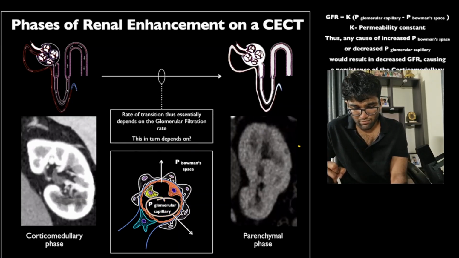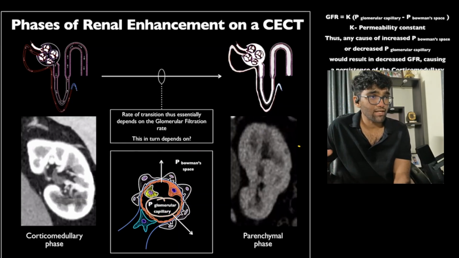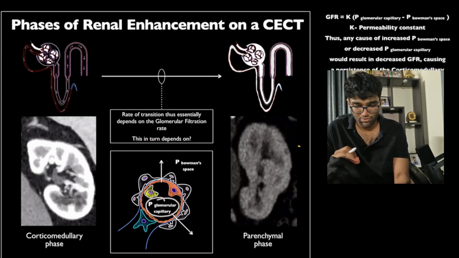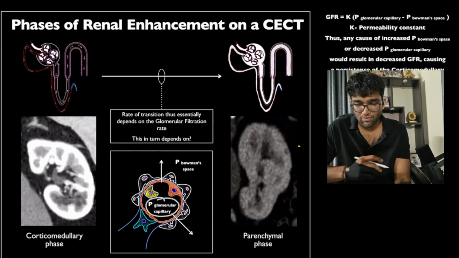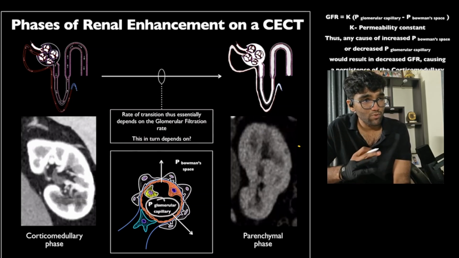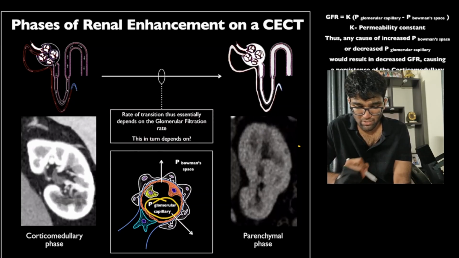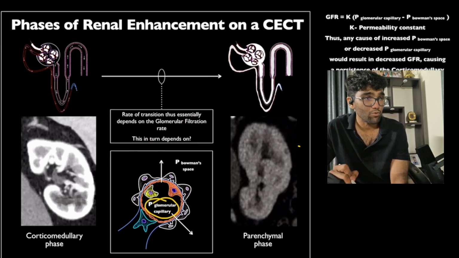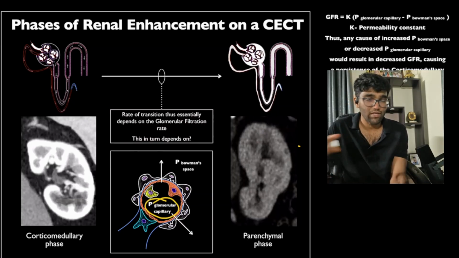And we talked about there that the pressure within the Bowman space only increases when there is a distal obstruction. So if there is a distal obstruction distal to the kidney, that will cause an increase in pressure within the Bowman space. Therefore, the difference between the pressure within the glomerular capillary and the Bowman space would decrease, and therefore filtration would decrease.